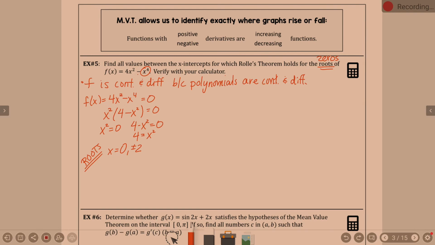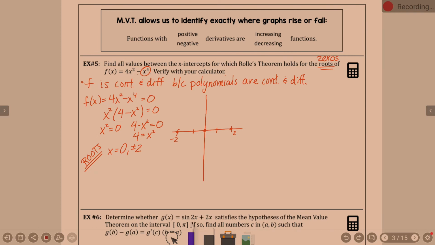Because it's a negative x to the fourth, it's going to be down, down. It's going to have to touch the x-axis at 0, at 2, and at negative 2. How's it doing that if it's going down on both sides?